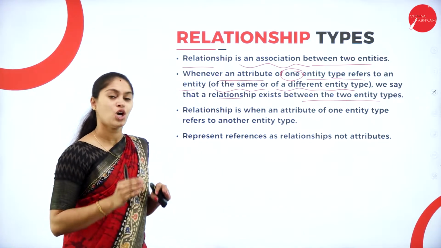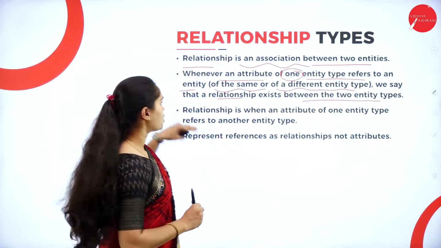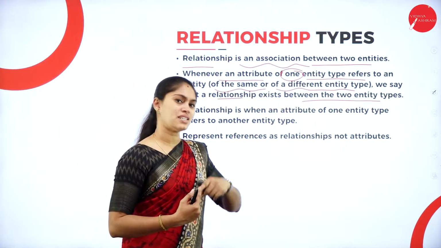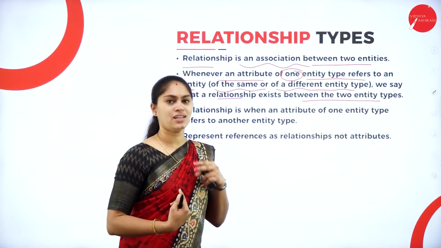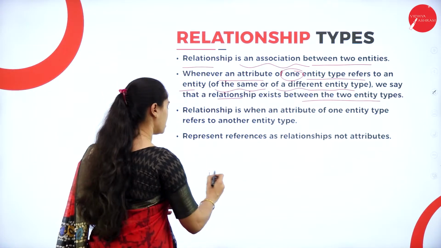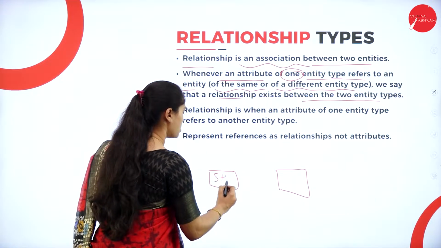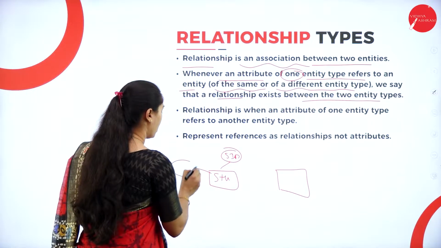When there is a relationship between one entity and another entity, an attribute of one entity refers to an attribute of another entity. If you consider student as an entity and marks as an entity: student comprises a student ID, and they have a name.